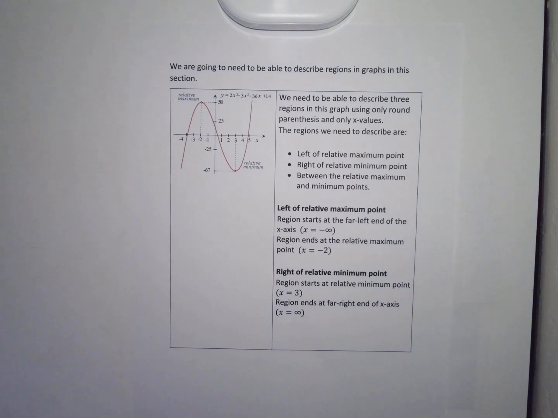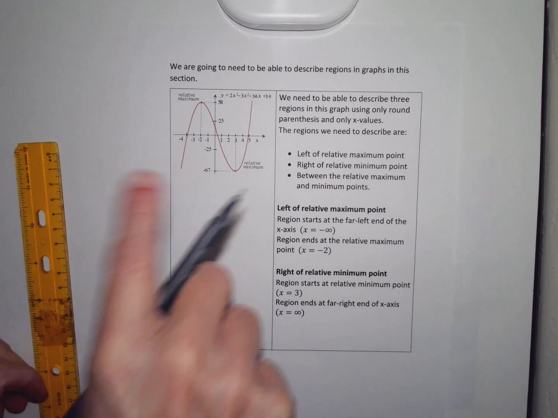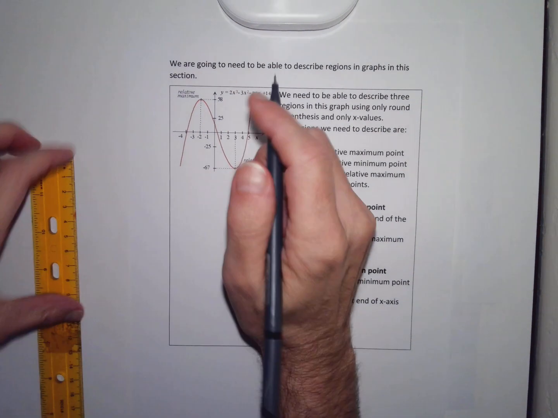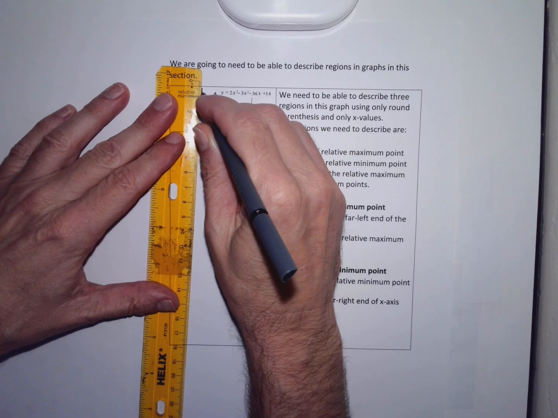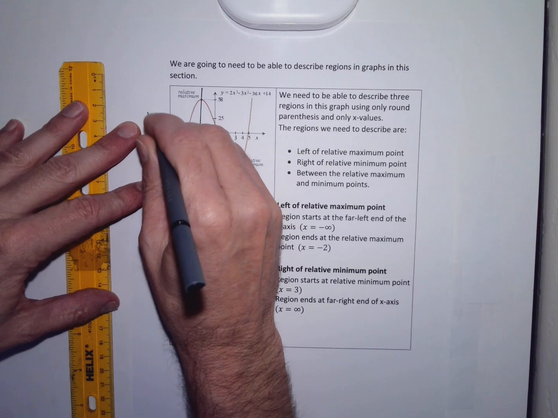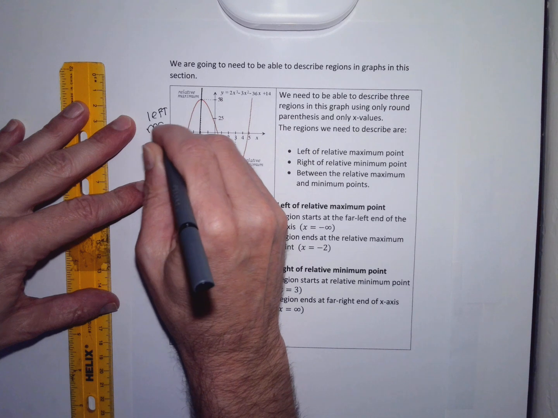So we're going to need to be able to describe regions of the graph on either side of the maximum and minimum points and between the minimum points. And so for this graph that I showed in the last screen, I need to be able to describe, just in terms of x's, the region to the left of the relative maximum point.